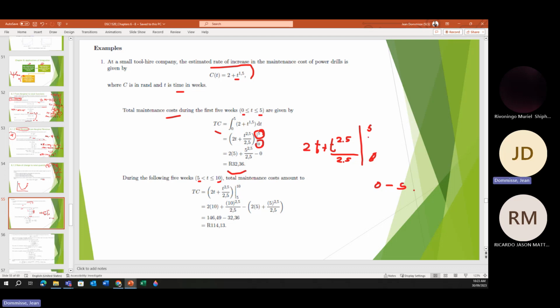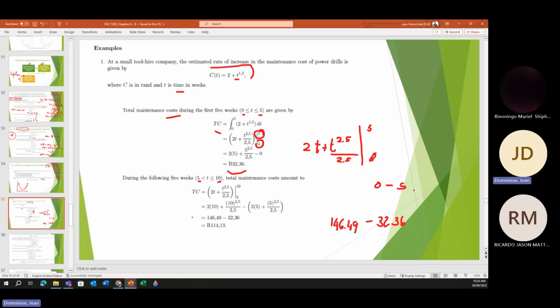we do exactly the same. We just substitute 10 and 5. So we already know what 5 is. That is 32.36. So we will need to work out what it is with 10, and in this instance, it was 146.49.